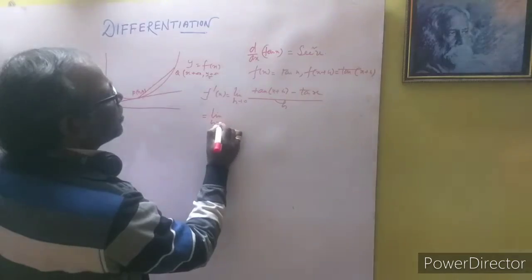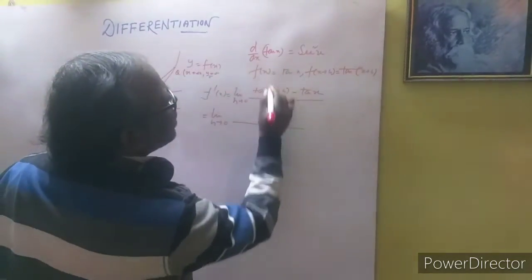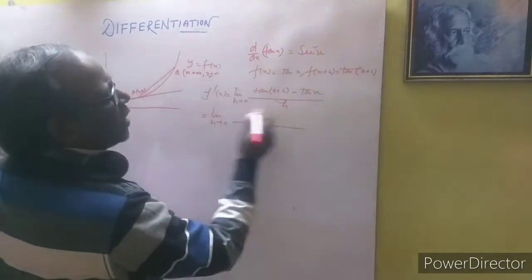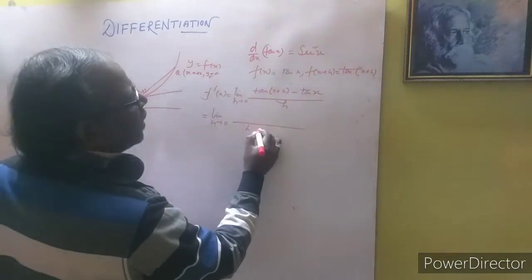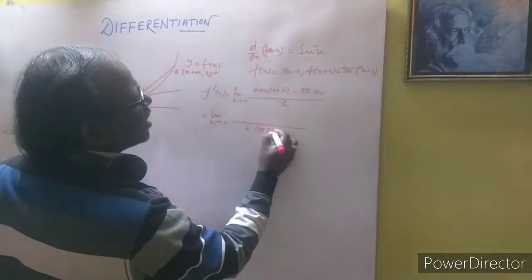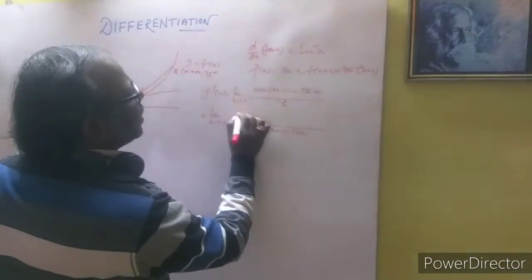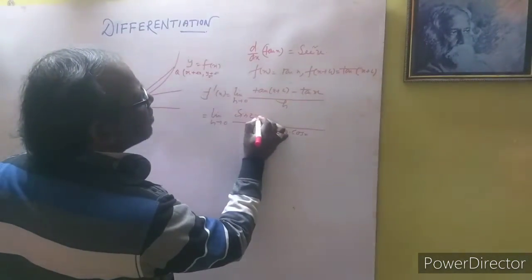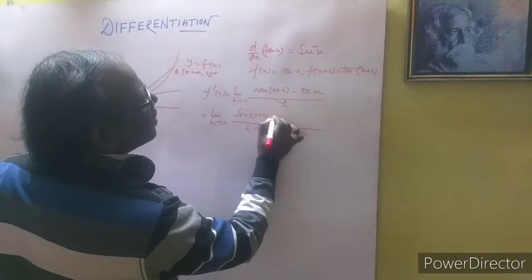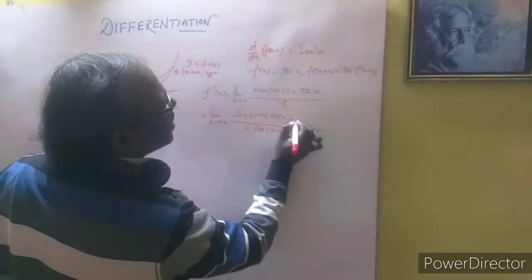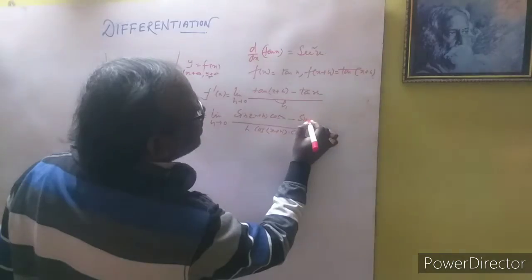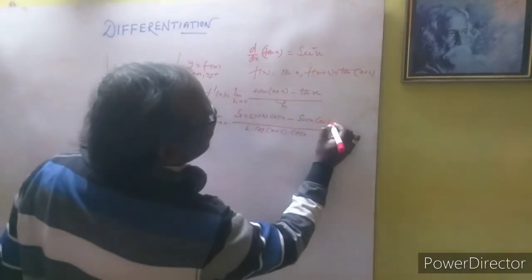Limit h tends to 0, writing tan as sin by cos and taking the LCM, we get cos(x plus h) into cos x in the denominator, and in the numerator sin(x plus h) into cos x minus sin x into cos(x plus h).